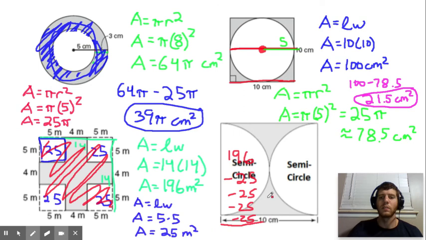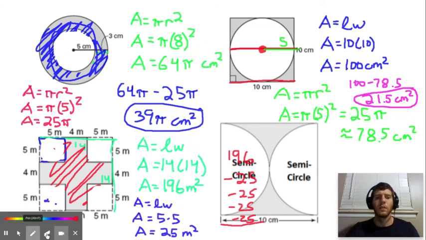That's basically minus 100. We need to subtract away this 25, this 25, this 25, and this 25. So essentially you're subtracting 100, and that should leave you with 96 meters squared as your area of the shaded region.